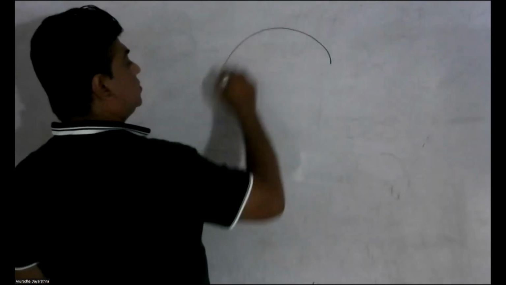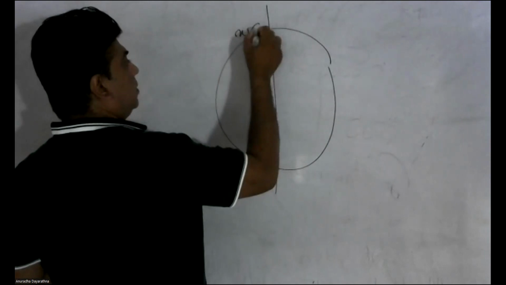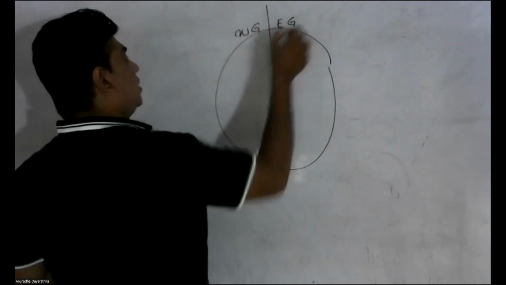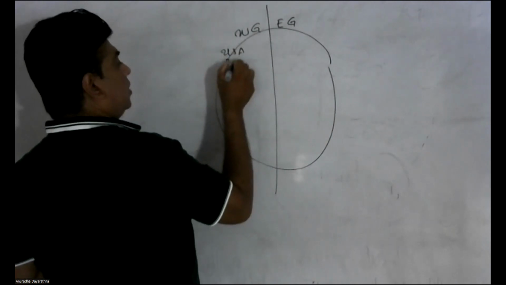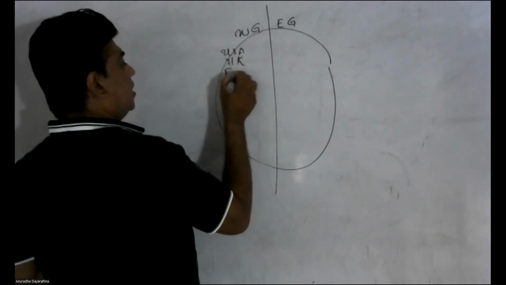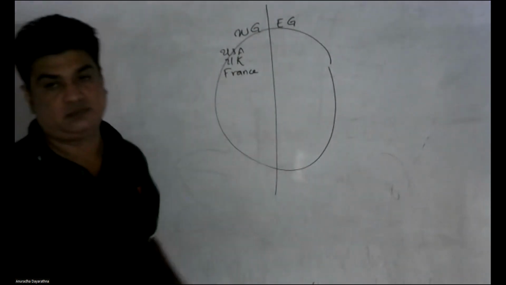Berlin problem. After the Second World War, Germany was divided into two. This is Western Germany, this is Eastern Germany, and Western Germany had been taken by the USA, the UK, meaning Great Britain, and France, and they activated capitalist economic policies on this side.